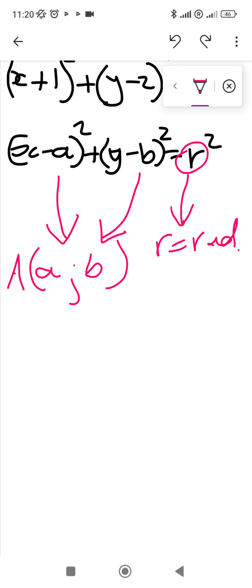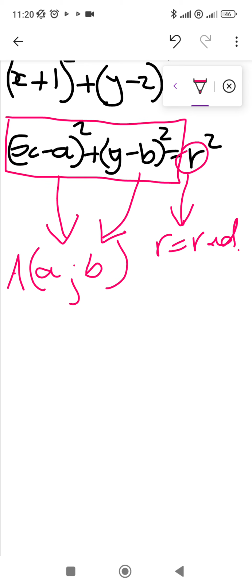Okay, so when we look at this equation over here, we see that there's an x minus something, and a y minus something in our brackets. When you look at this, we see a plus, right? Let's discuss quickly why we see a plus.